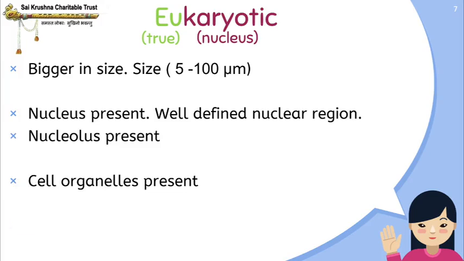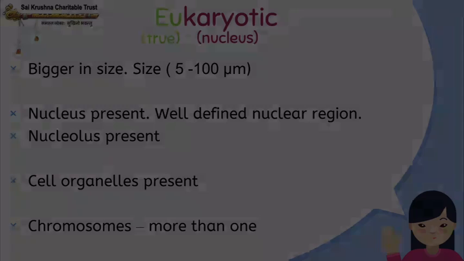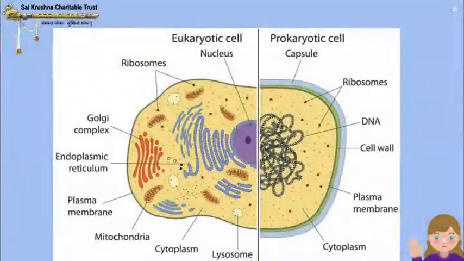Cell organelles are present. So other than the nucleus, other cell organelles are also present in eukaryotic cells. Chromosomes are more than one. They contain more than one chromosome, whereas prokaryotic cells had a single chromosome. Here is a very nice picture showing the differences between eukaryotic cell and prokaryotic cell.